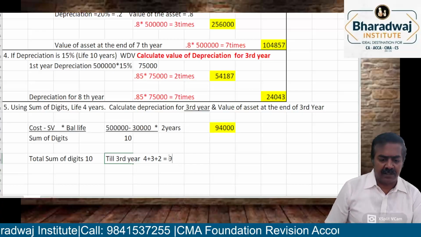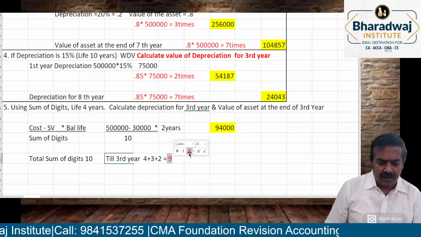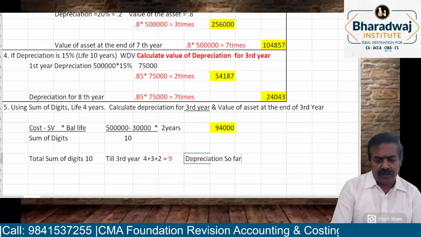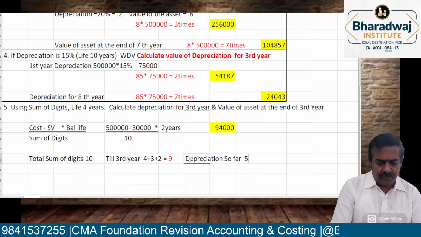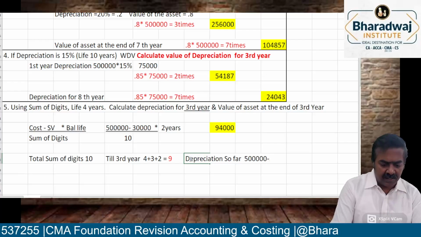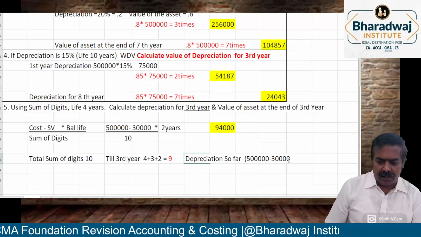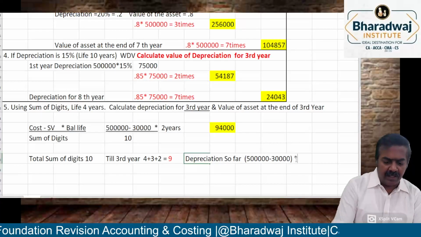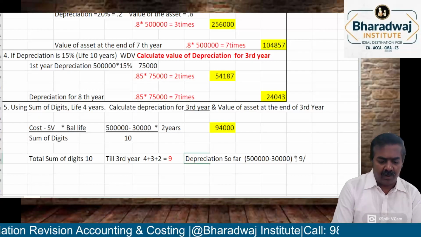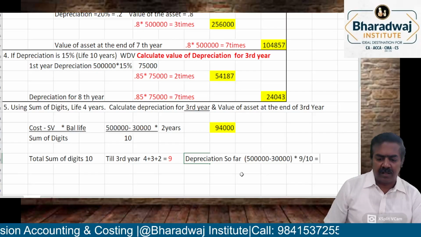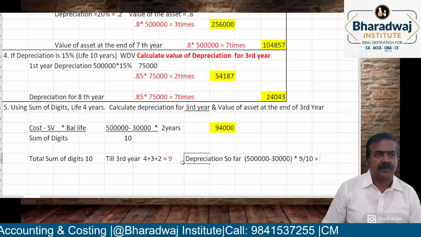Depreciation so far is 5 lakh minus 30,000 into 9 out of 10, which is the depreciation for the 3 years.